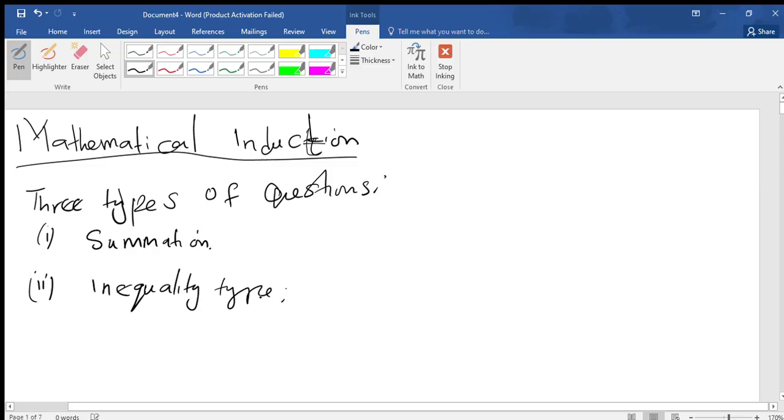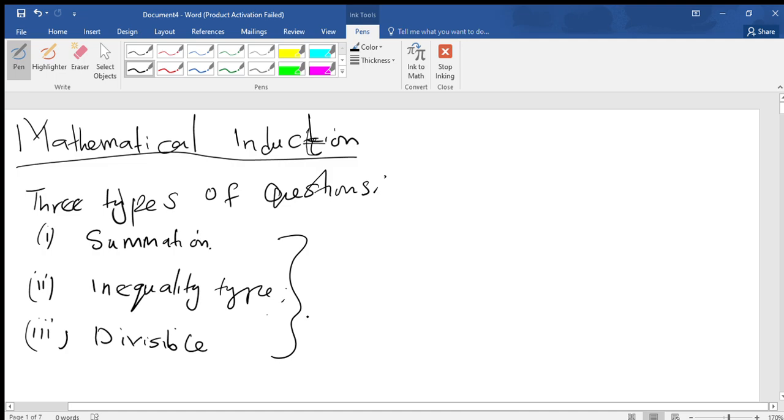And the third part is divisibility types, where a certain expression is divisible by a certain number. So these are the three types of any mathematical induction question which you have to focus on.